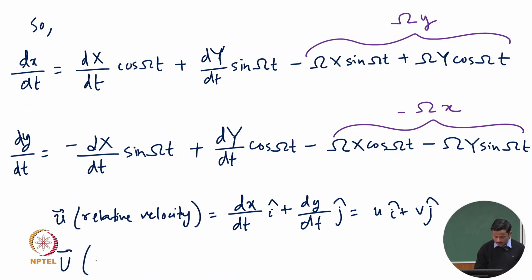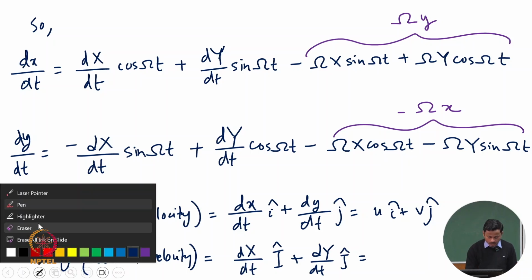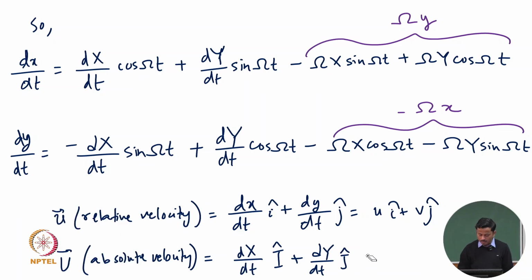This capital U, which is the absolute velocity, is dX by dt I cap plus dY by dt J cap. So this is the absolute velocity in the fixed frame of reference.